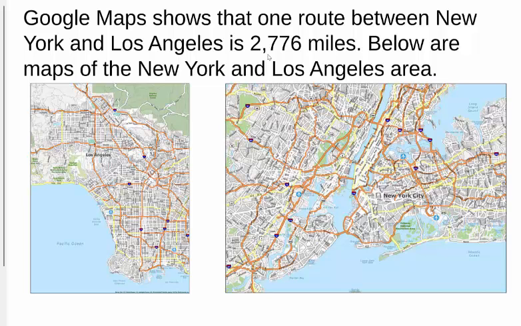Now, another says the air distance is about 2,400 miles, between 2,400 and 2,500 miles. How are these different? Why are these different? Aren't they the two same cities? And then another route gives a different distance between New York and Los Angeles.